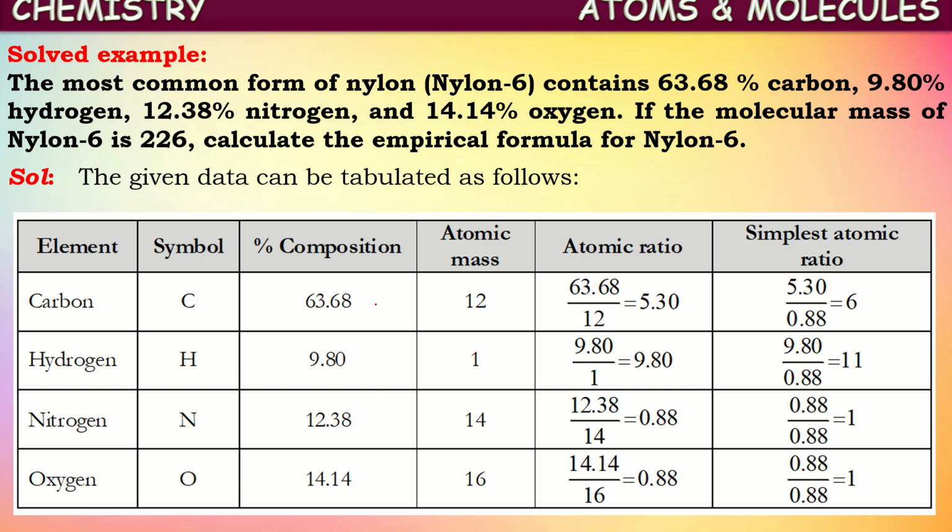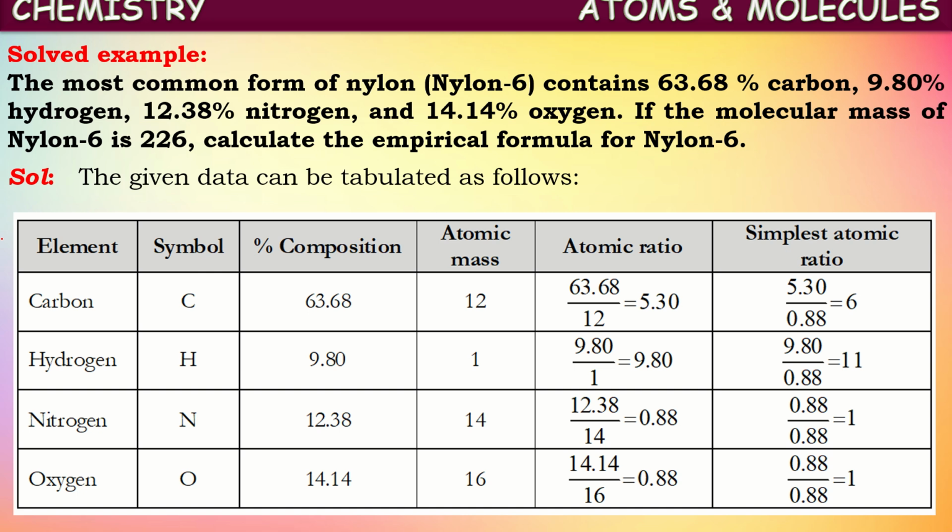Just now I said percentage composition of each element gives rise to its mass. So 63.68 means the total mass of that element in that molecule is almost 63.68. And 9.80 means 9.80, 12.38 means 12.38. So percentage composition gives rise to total mass.